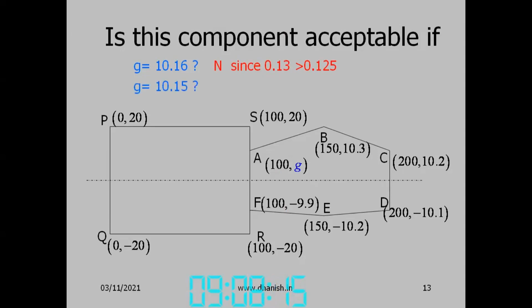And if G is only 10.15, then the midpoint is 0.15 plus 0.1, 0.25 by 2, 0.125. So that is less than or equal to 0.125. So up to 0.125 is acceptable. So it is acceptable. Okay, any question on this?